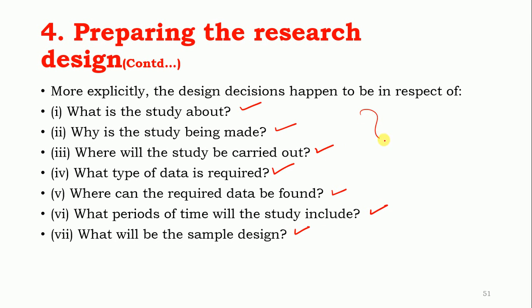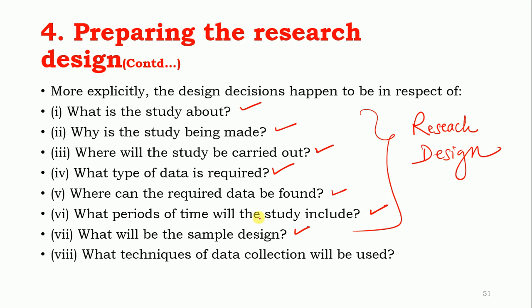The answer to all of this will be found in the research design. So deciding or giving the answer to all this, that is what we can call research design.